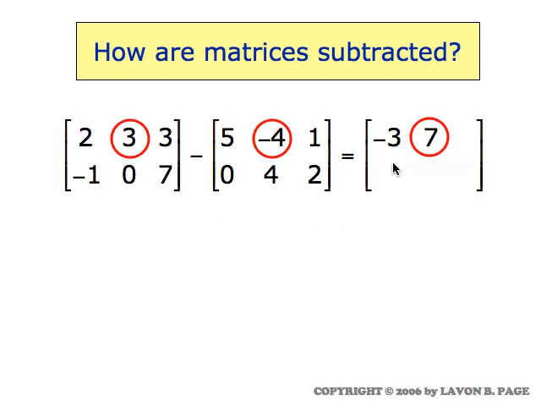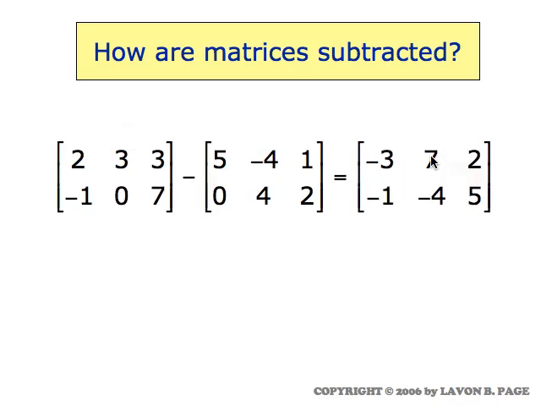Moving to the next spot, row 1, column 2, we have 3 minus a minus 4, which is 3 plus 4, or 7. And you follow through all the calculations here to determine the difference of these 2 matrices, and this is what you should come up with.